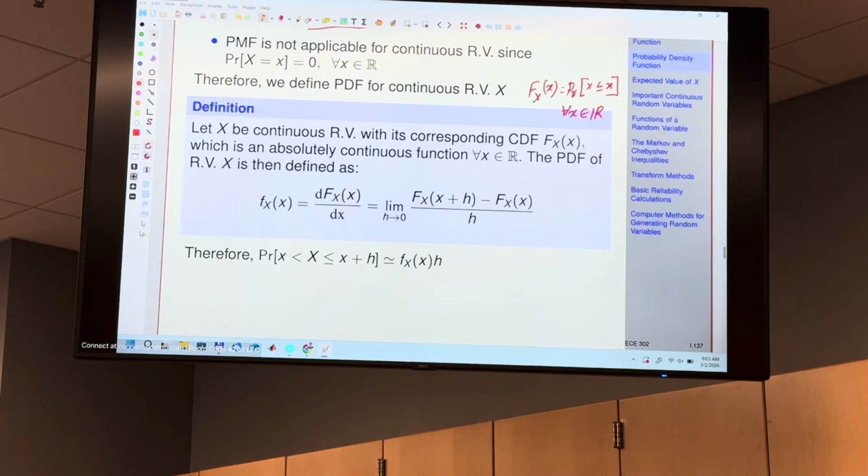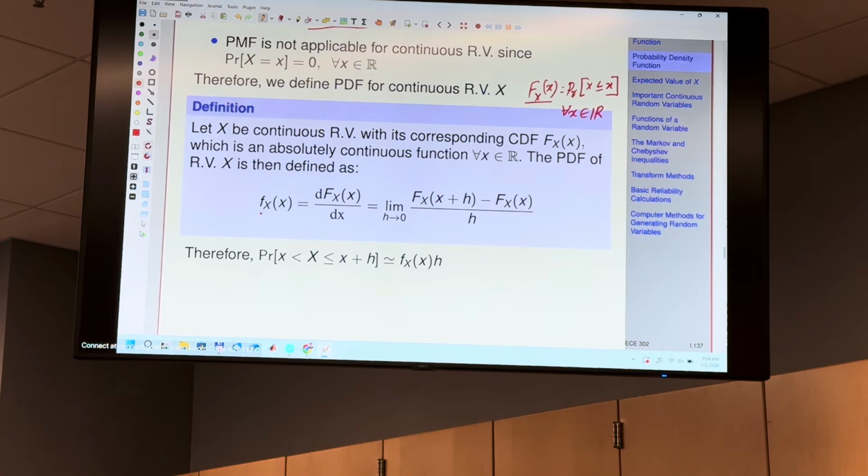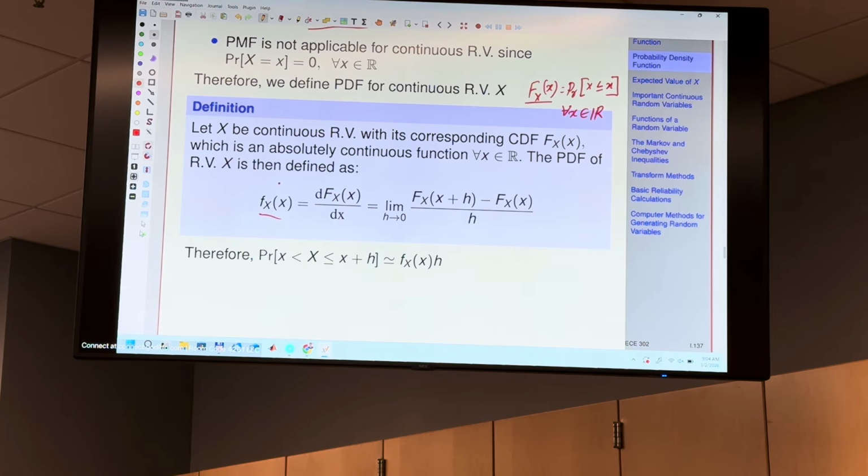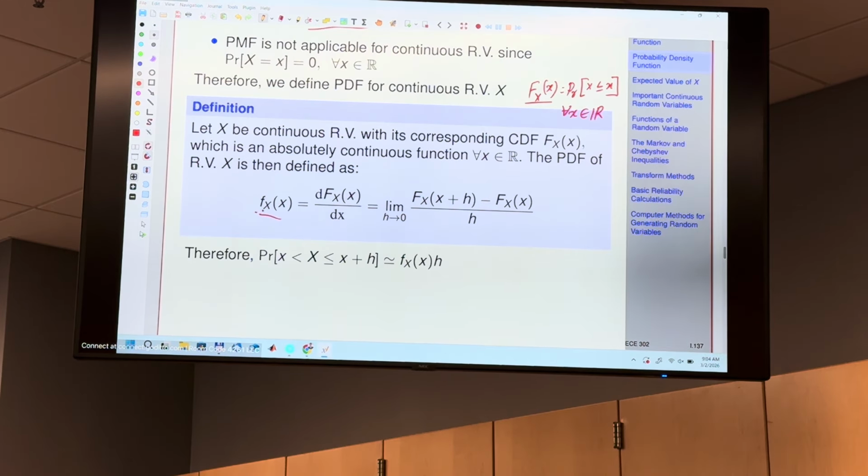Once we have the CDF, we can find the PDF, which is basically the derivative of the CDF. The PDF, I mean the probability density function, is denoted f sub x, with argument x.